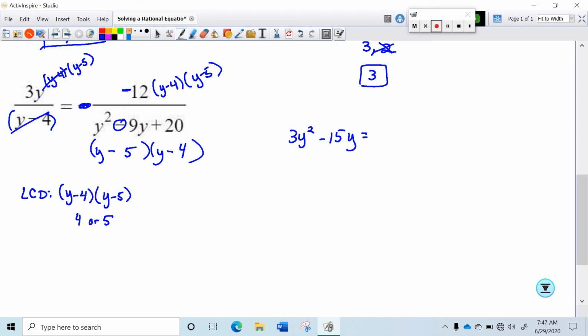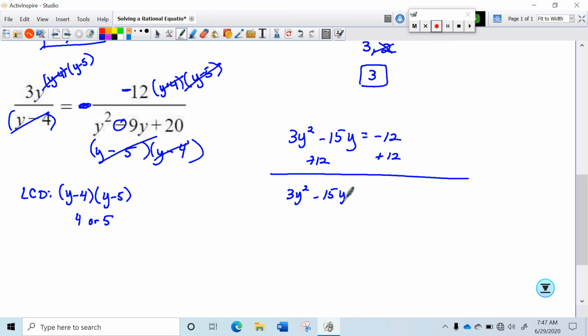Equal sign. Y minus 4 cancels with y minus 4. Y minus 5 cancels with y minus 5. So you've got a negative 12. I'm going to add that to the other side. So I get 3y squared minus 15y plus 12 equals 0.